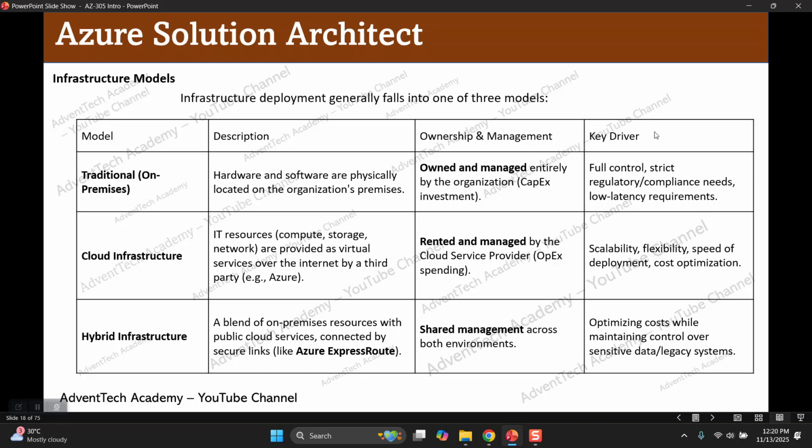The key drivers for the cloud infrastructures are scalability, flexibility, speed of deployment, and cost optimization. Because of these key drivers, most of the companies are migrating their on-premises resources to the cloud.